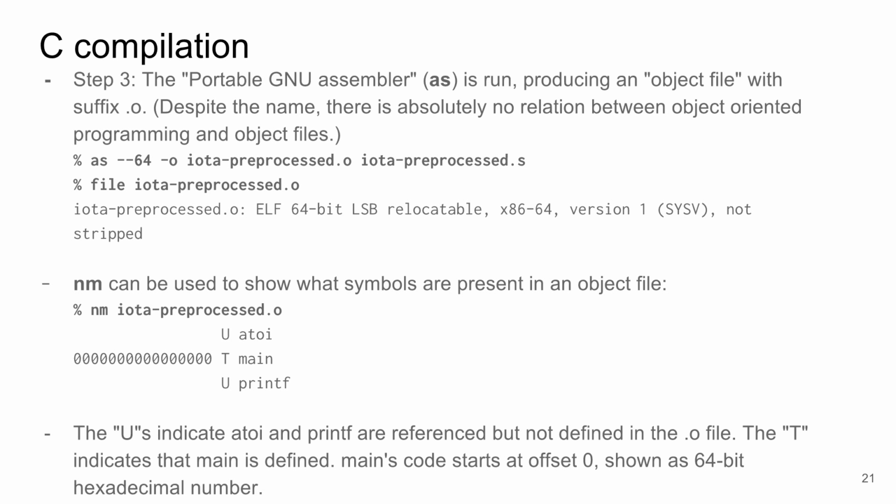Then we have our main function, and this line of zeros right before it is telling us what address it starts at within this file, so we can see it's a bunch of zeros. So our main function is the first thing within this file. Cool, so it's created this object file, and this has all of our code that we're actually running inside of it.